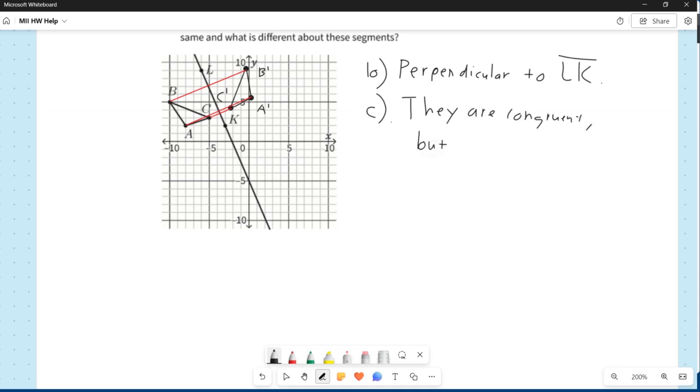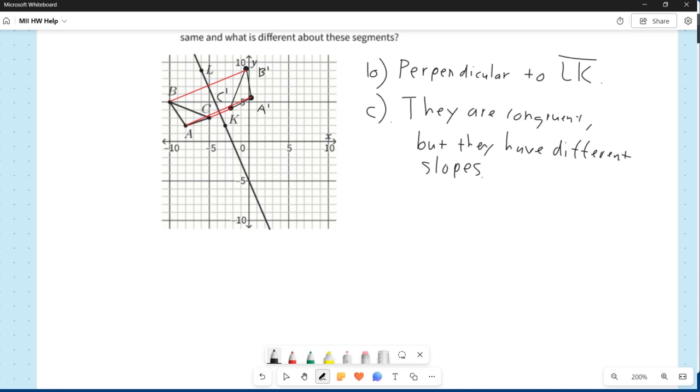But they have different slopes. Okay. So they are congruent, but they have different slopes. And I realize maybe I should be typing this instead of writing it, but it's legible, and I think for this problem, we're just going to stick with writing it.